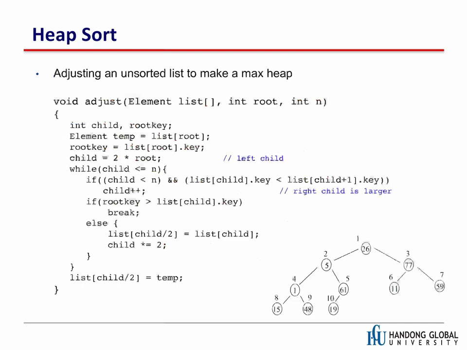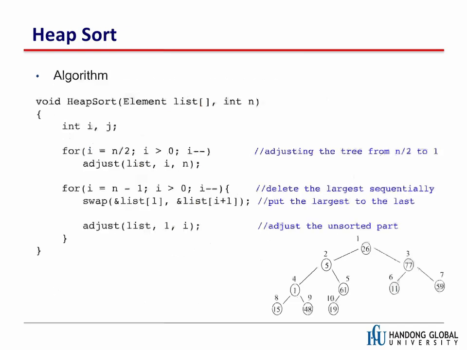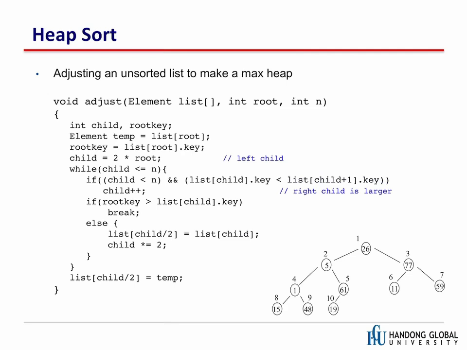basically we have two functions. Okay, so we have the adjust function and the max heap sort function here. In this heap sort function, we are going to call the adjust function a couple of times. Okay, so let's follow this adjust function line by line.